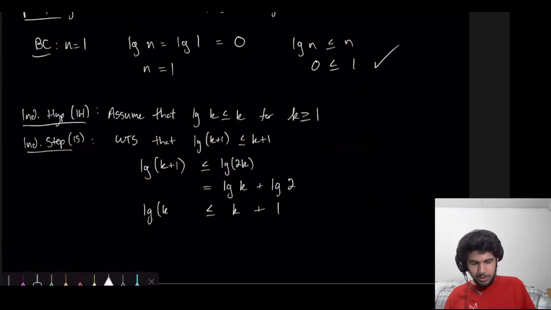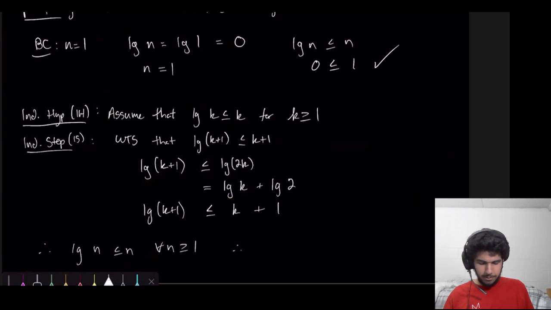That means log of k plus 1 is less than or equal to k plus 1, which is what we wanted to show. So that concludes the proof by induction. Therefore, log of n is less than or equal to n for all n greater than or equal to 1. Therefore, log of n is big O of n.